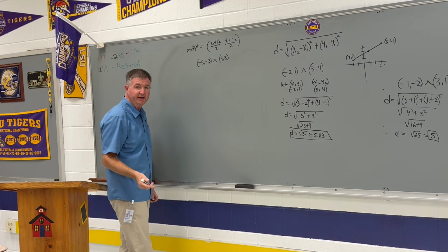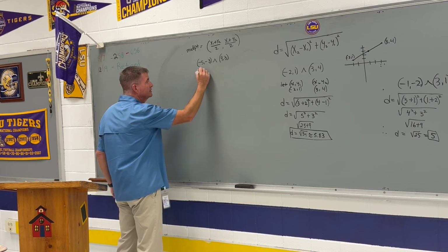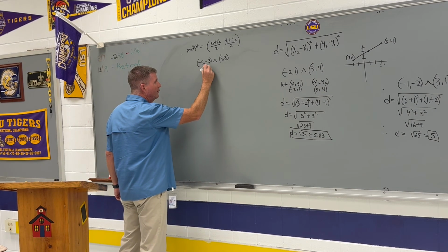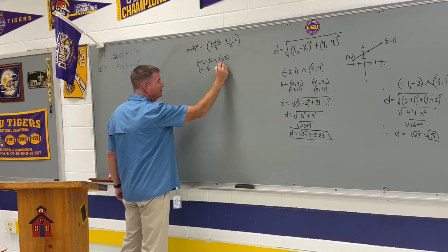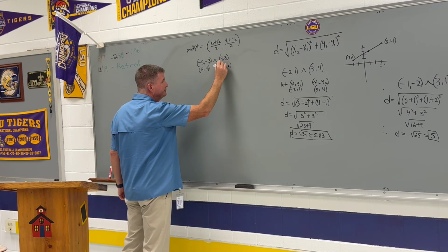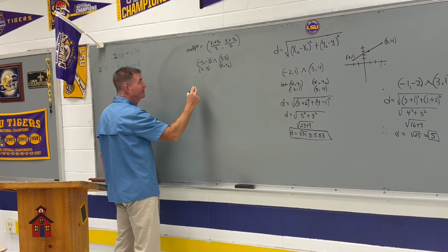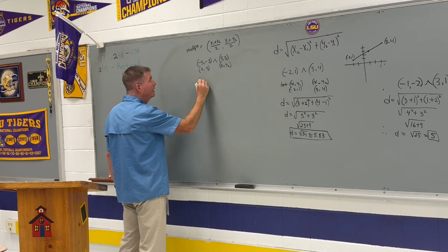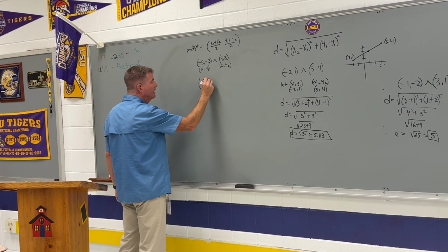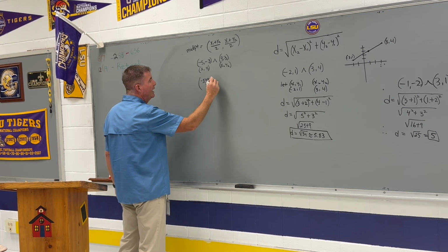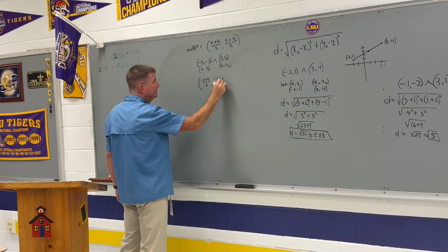I'm just determining that. You can go whatever way you want. So I'll put this as x1, y1, and I'll have this as my second point, x2, y2. So once I put it in the formula here, I'd have what? (-5 plus 9) over 2, and (-3 plus 3) over 2.